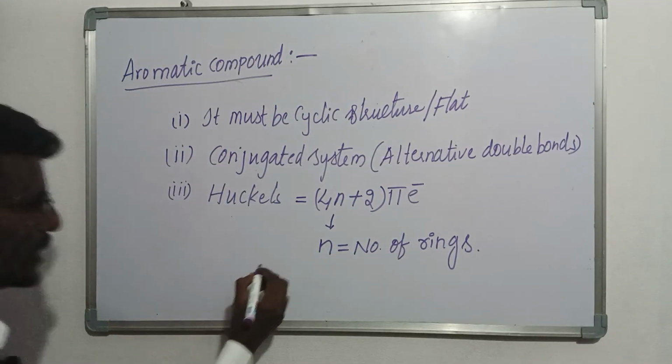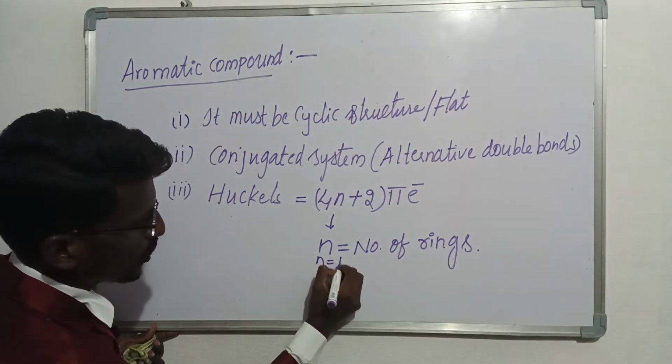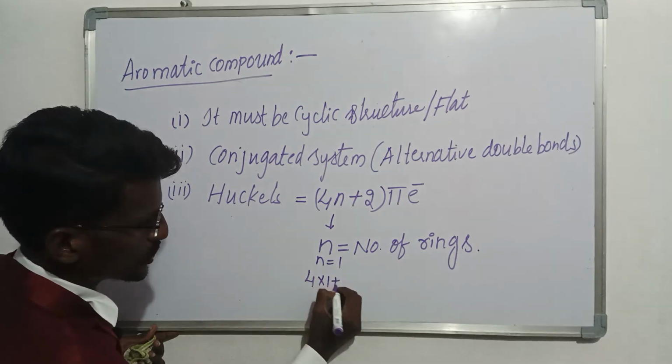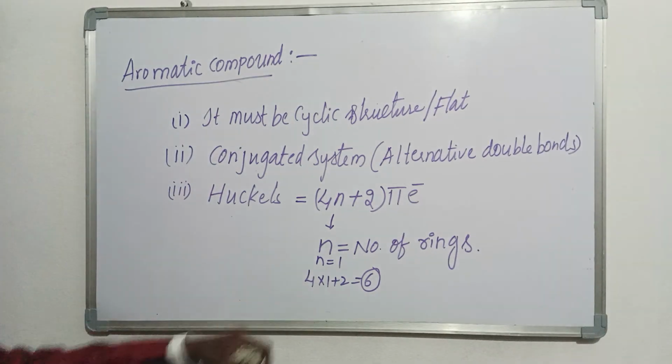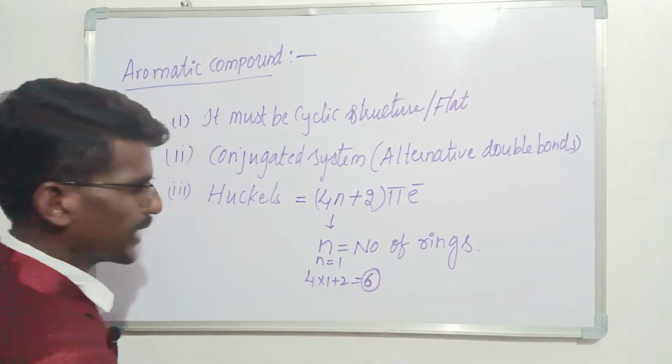For example, n equal to 1: 4 into 1 plus 2 equals 6. If the structure has only a single ring, it must contain 6 pi electrons.